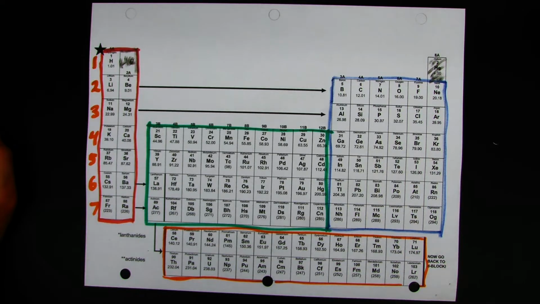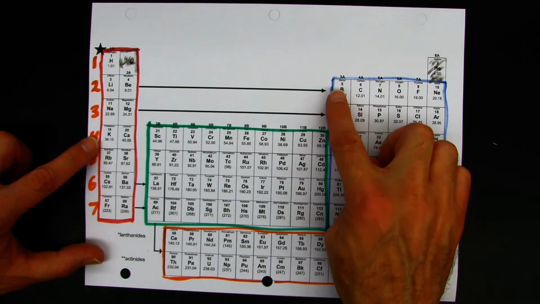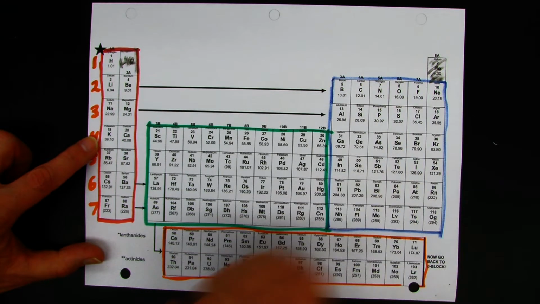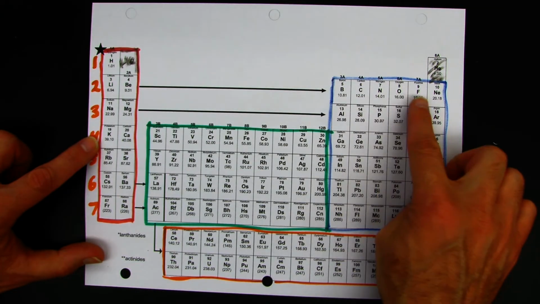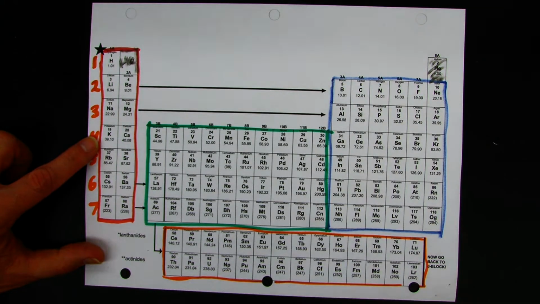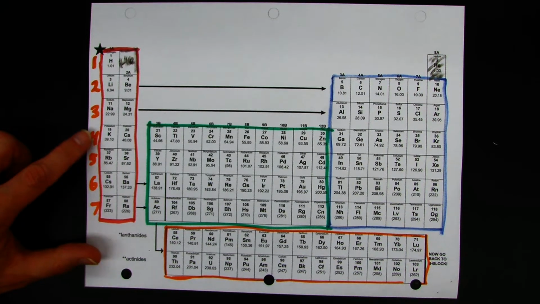So each p orbital holds 2 electrons. You have 3 p orbitals, that's a total of 6 electrons. And how many elements wide is this block? If you count, 1, 2, 3, 4, 5, 6. It's 6 wide. Interesting.